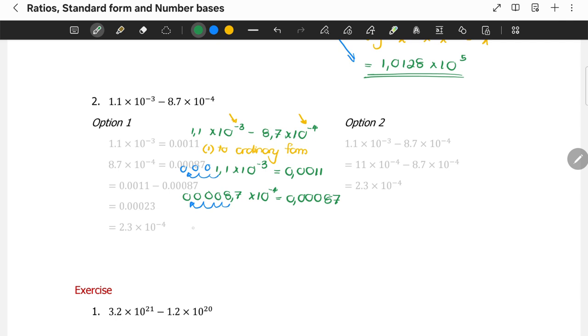So then you subtract 0.0011 minus 0.00087, and you can either put this in abacus form. It's probably easier if it's a paper 1 question and you don't have a calculator. But obviously if it's paper 2, then it's okay to then use a calculator, because then it'll be like this, and then you have to subtract, and then you end up with 0.00023.